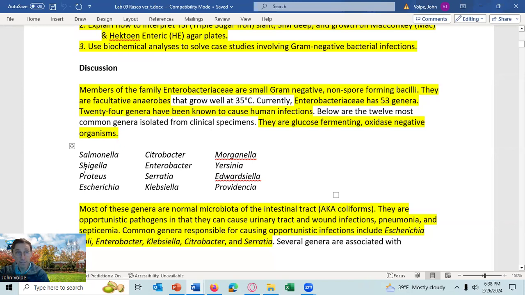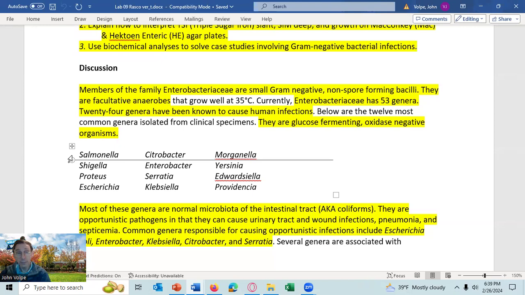Salmonella and Shigella are not in your intestines, but they are in the intestines normally of birds. And that is one reason why you should be very careful when you're handling, well, chicken or any other bird, because they have Salmonella and Shigella in their intestines. And when we get these two organisms, these two species, they can cause illness in humans.